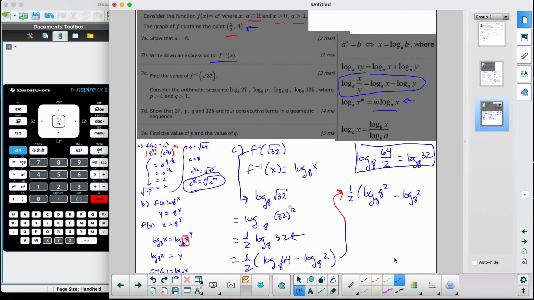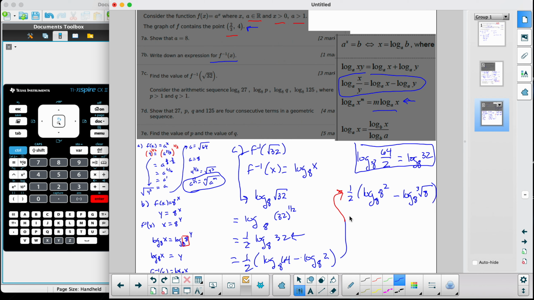Now, let me do something here. I'm trying to get the base the same as the argument. Do you agree that the cube root of 8 is equal to 2? And the answer there is yes, it sure is.